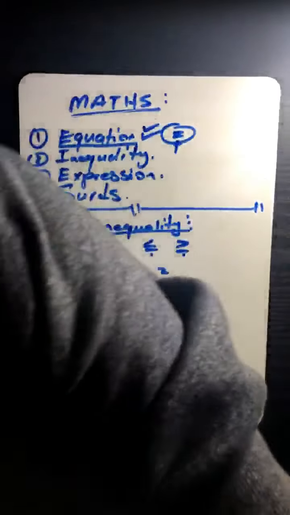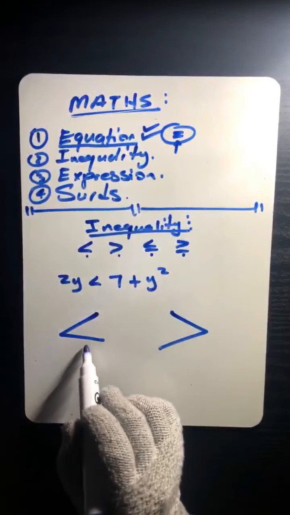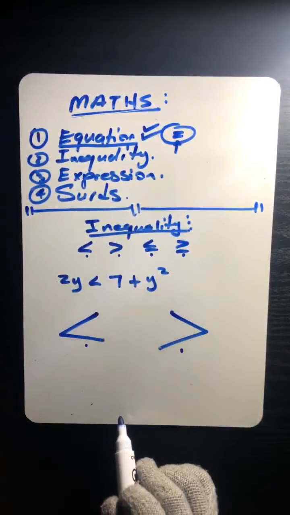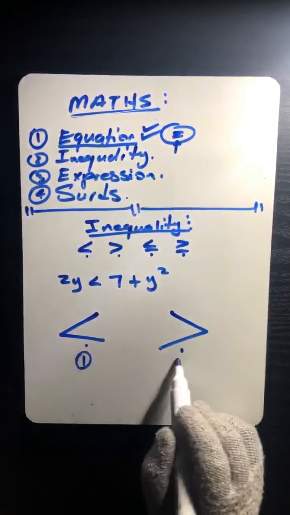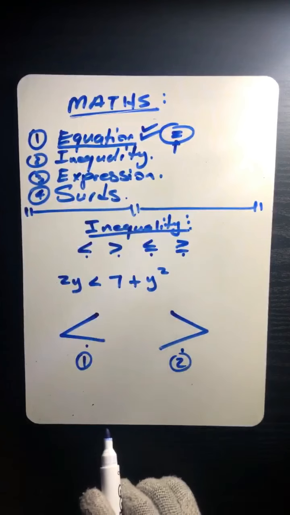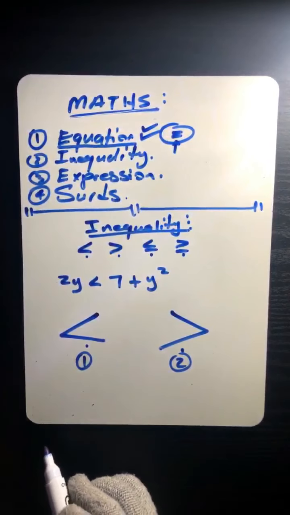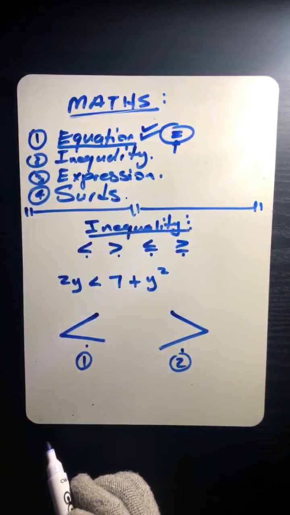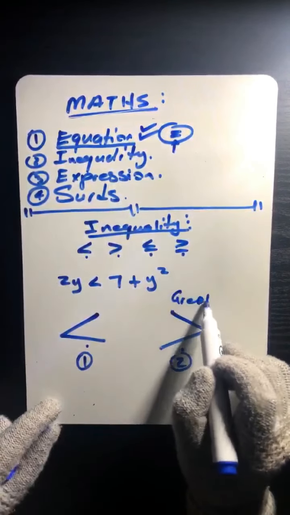Between the signs, which one looks like it says left, and which one looks like it says right? Number 1 should be left, then number 2 is right. So between left and right, which one is greater in energy? Number 2. So this sign is greater than.